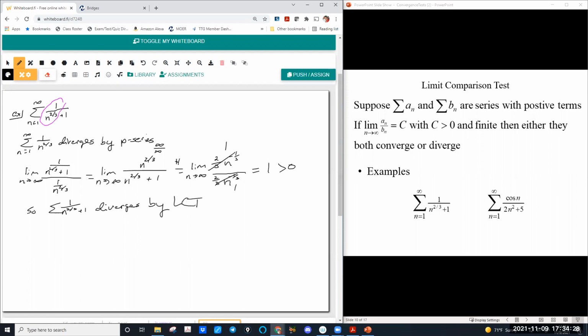Number one, we need to compare it to something we know, so I picked a p-series right here. The second part says we have to show that the limit of a sub n over b sub n goes to some non-zero finite number, which is what we did here, and which allowed us to conclude that the series we were given is divergent, and then we give credit.